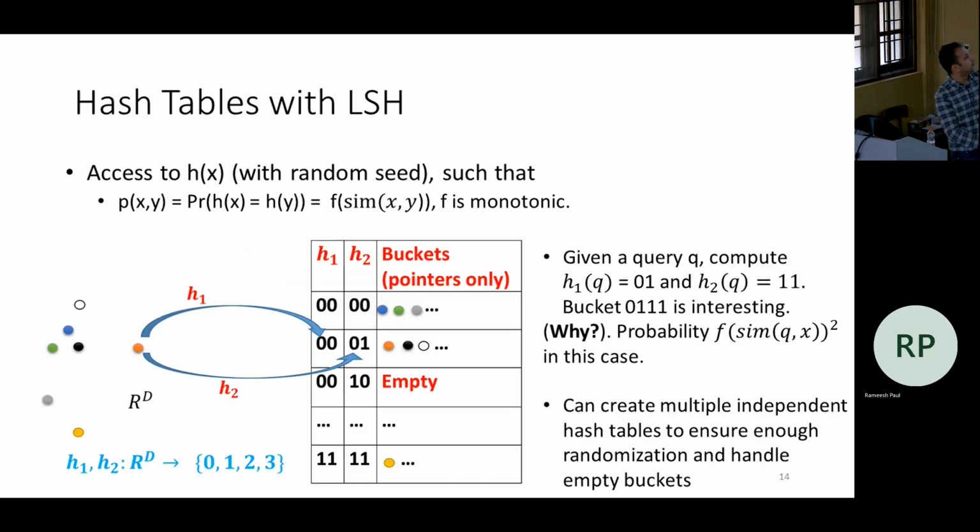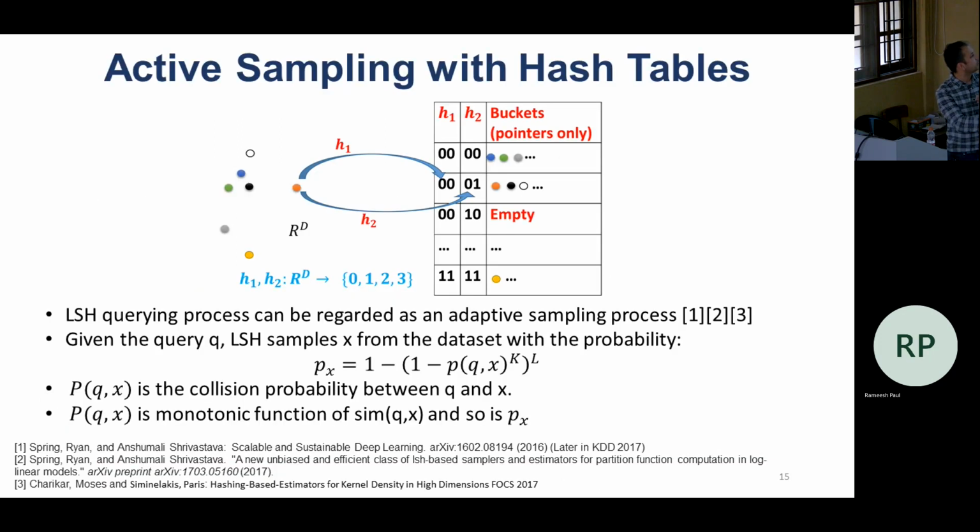In fact, you can go slightly more. Instead of having one hash table, with 2 being just an example, you can use some parameter k number of hashes here and L number of hash tables, and you get this sampling probability. The interesting thing to note is that this is also monotonic in the collision probability. P is the probability of collision.